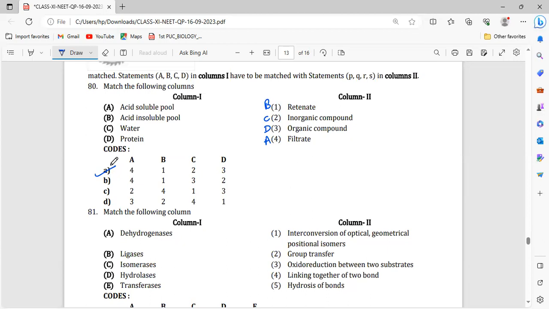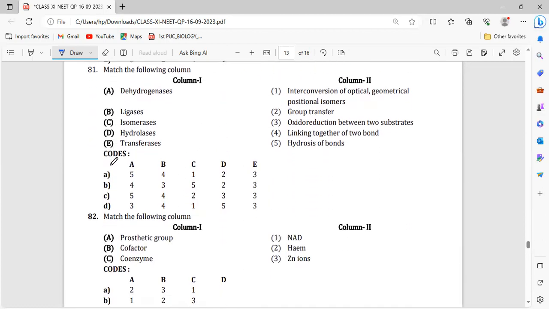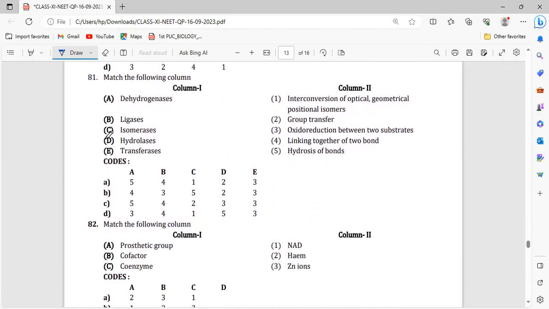Then question number 81. Dehydrogenases are also called oxidoreductases. So this goes with the third one because oxidation reduction reaction happens. Then ligases. What will ligases do?